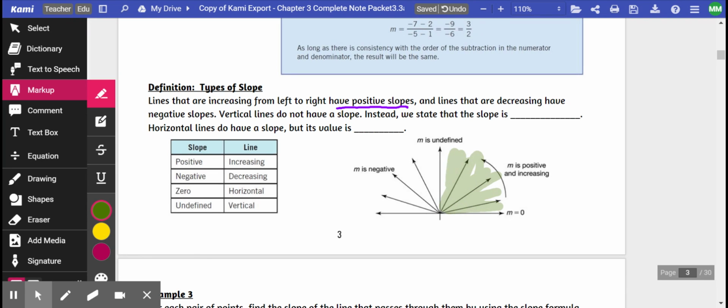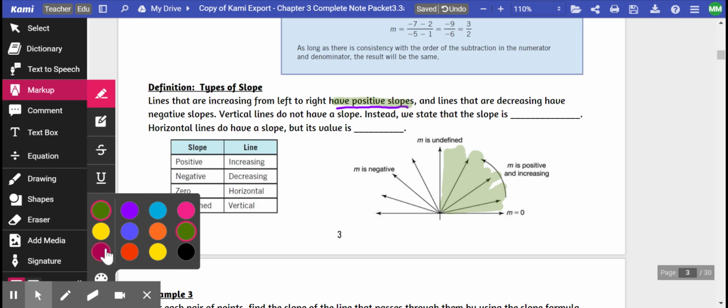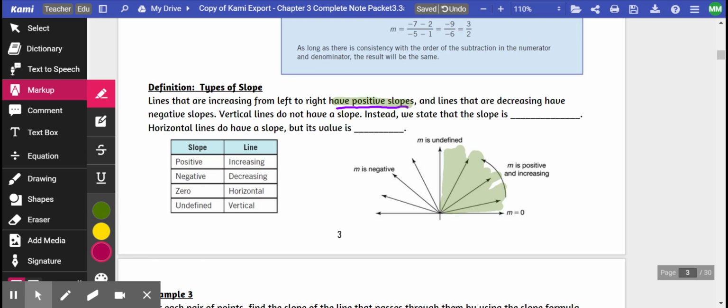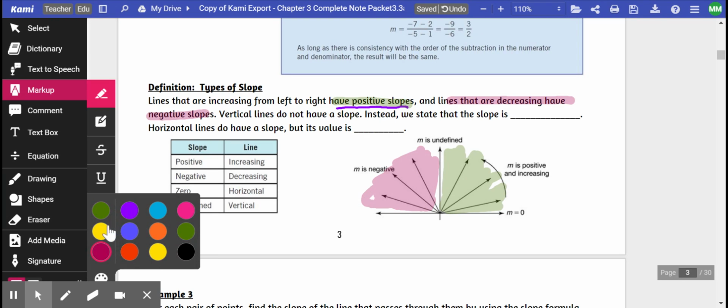So anywhere between here and here are positive slopes. Any of the lines that are decreasing are negative slopes. So all of these on this side over here, because you can see that they're decreasing from left to right, all of those would be negative.